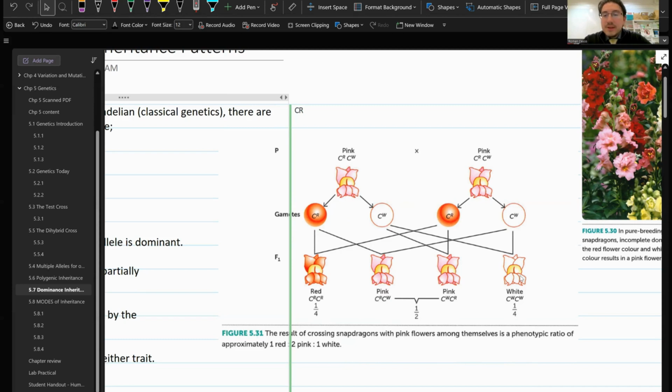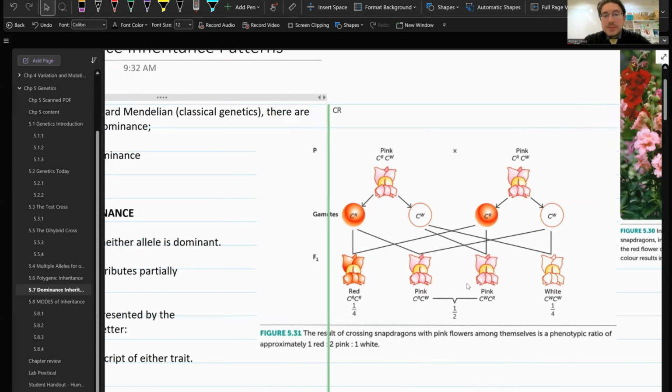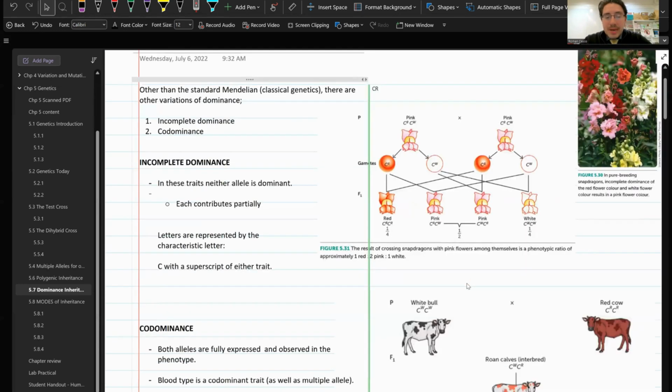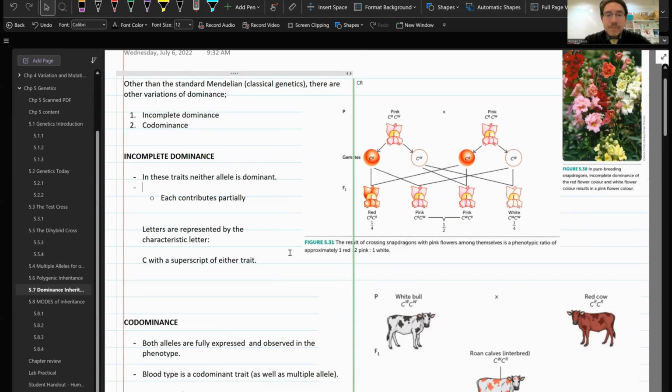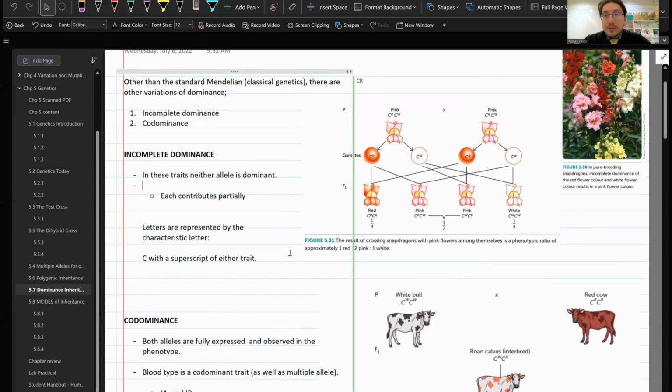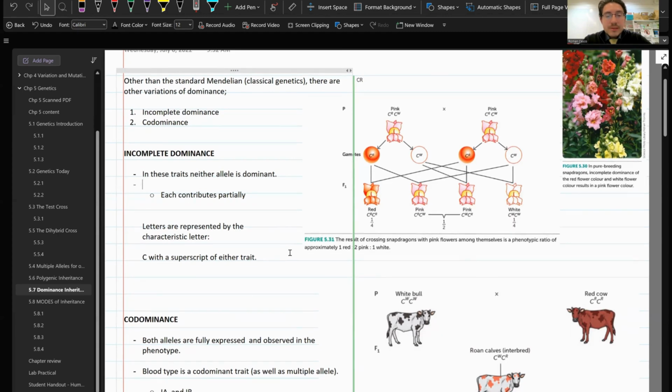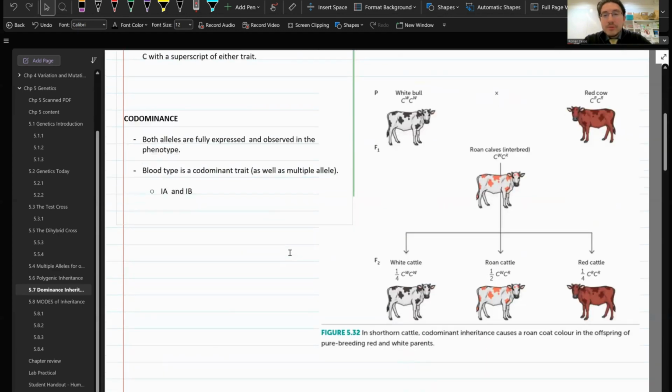And then white, WW, is one quarter. So this refers to incomplete dominance, where you have an intermediate blend between the two traits.